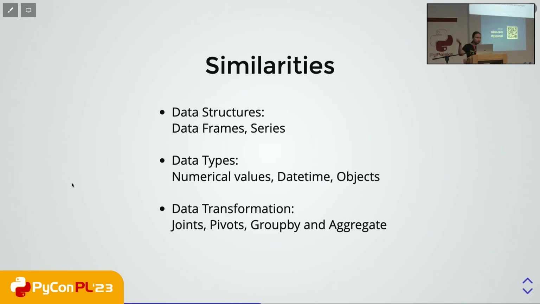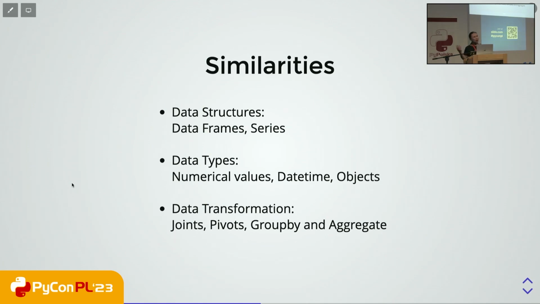They also have floats, just like your Pandas data frame. You can specify it to be float, and if you want, you can also specify the size of your floating point variables. So that's the numerical values. There's also datetime. Polars can handle datetime objects, and it works very similarly to those in Pandas.